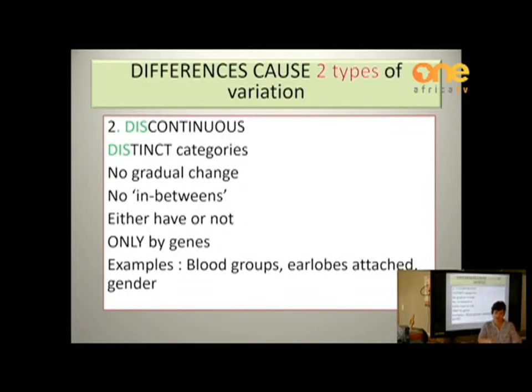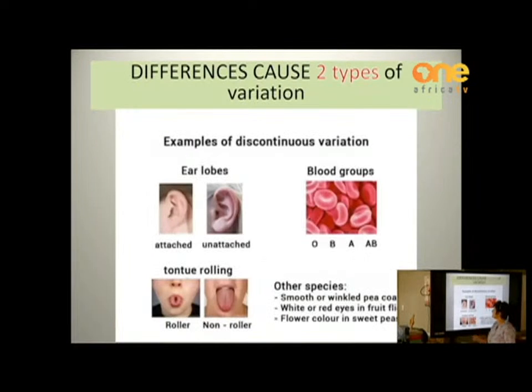You either are A blood group or B blood group or AB or O. So there are 4 categories for blood groups, but you cannot be somewhere in between. Blood groups, earlobes attached or not attached, and gender are some of our examples.